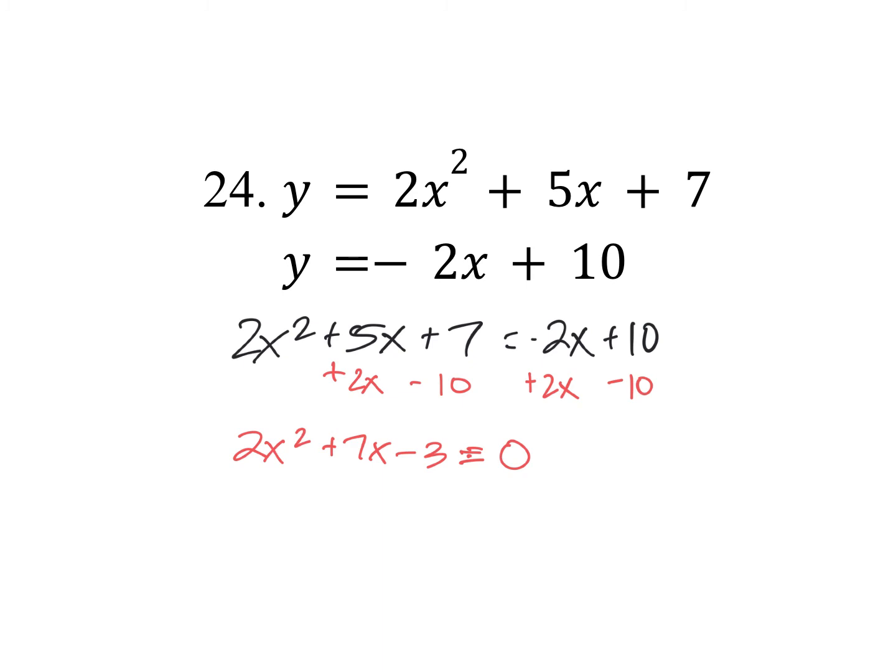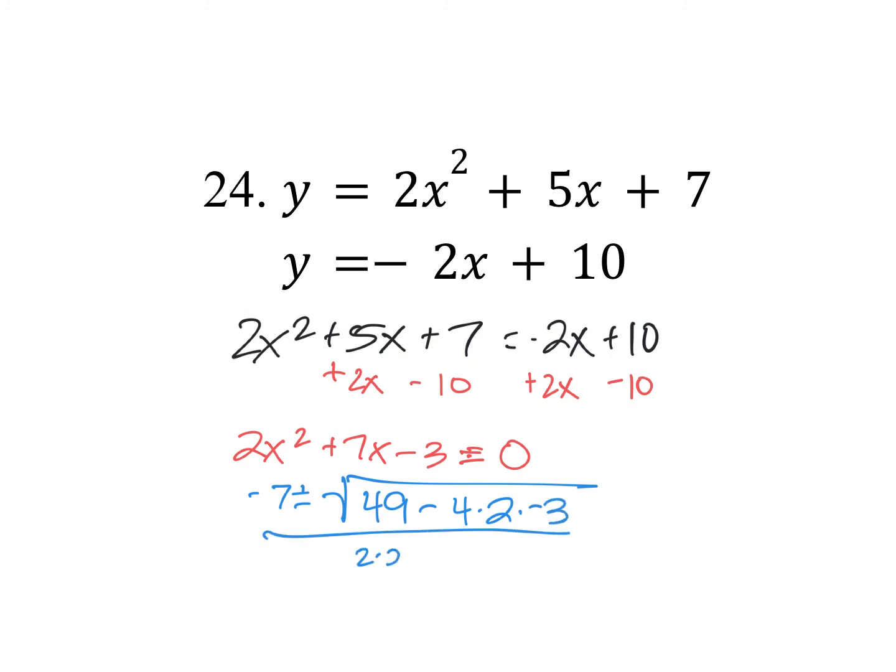So I can use quadratic formula. I could use the other method, but I'm going to use quadratic formula. So negative 7 plus or minus the square root of 49 minus 4 times 2 times negative 3, all over 2 times 2.